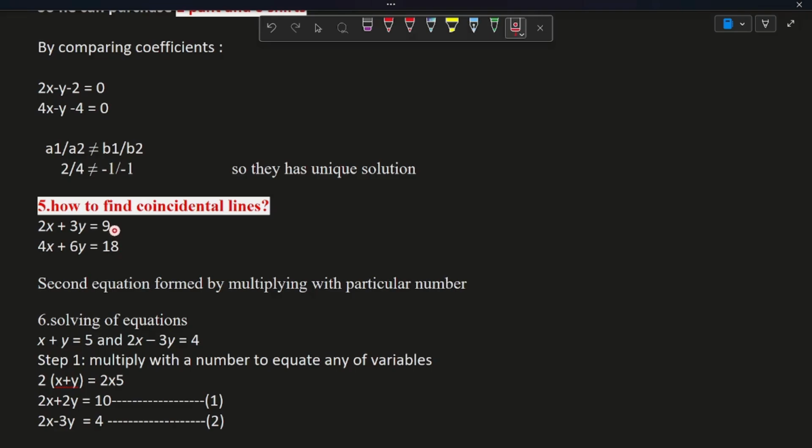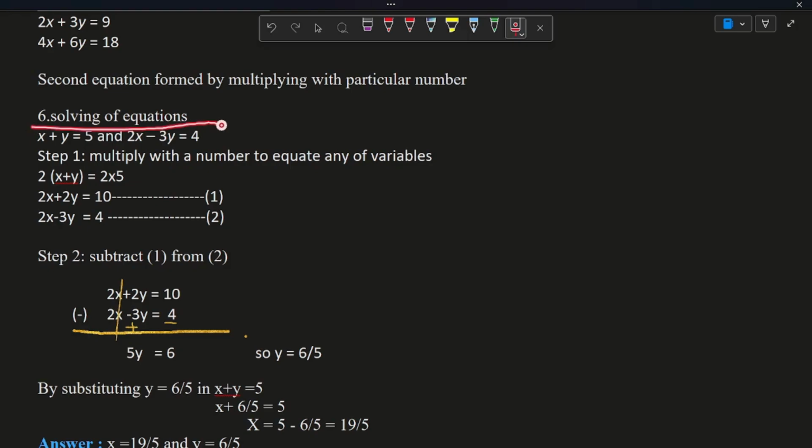By multiplying the first linear equation with 2, I got 4x plus 6y equal to 18: 2 into 2 is 4x, 2 into 3 is 6y, 2 into 9 is 18. Just by multiplying the first linear equation with 2, I got the second linear equation. If any pair of linear equations is formed in this way, then we can directly conclude they are coincident lines.